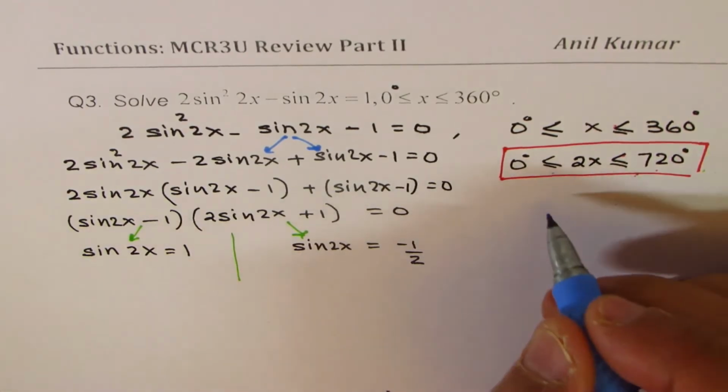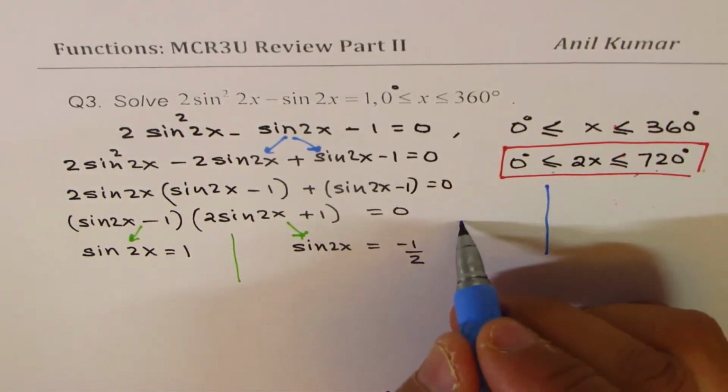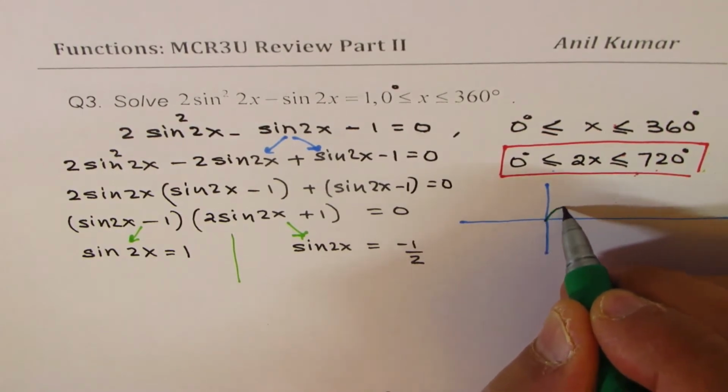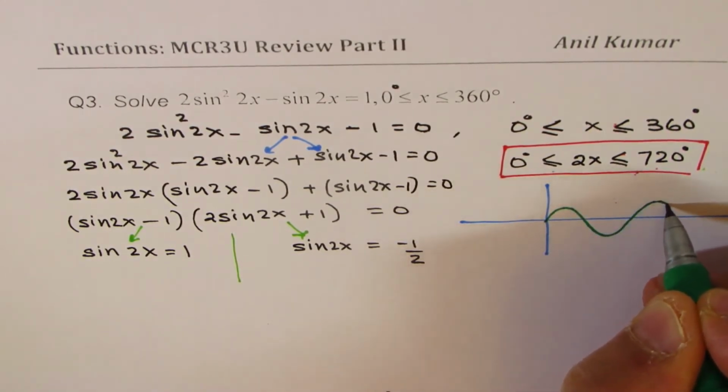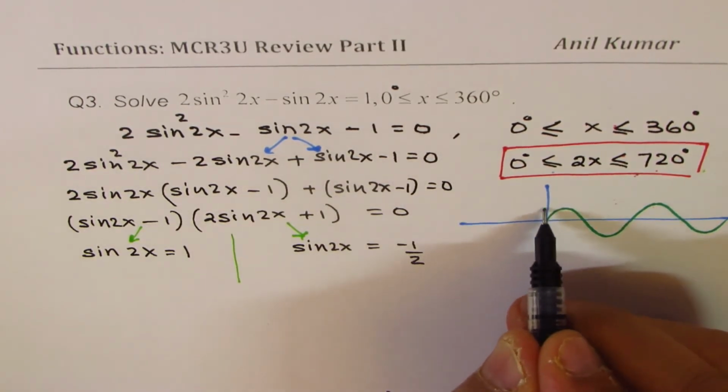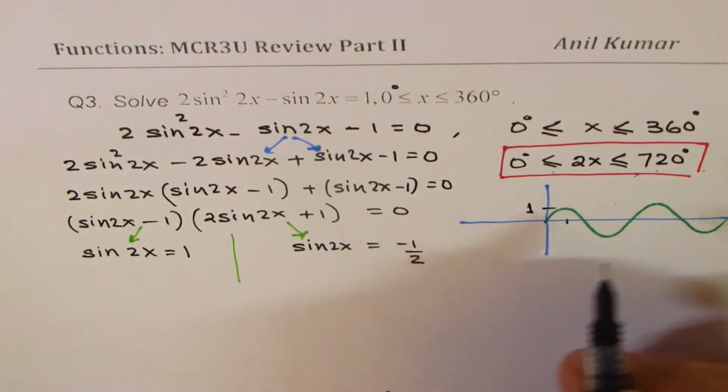Whenever you are working with values like 1, 0 or negative 1, I always prefer to sketch the graph. So for sine, the graph is kind of like this. You see, that is the sine function. And as you can see, it is 1 at 90 degrees, correct?